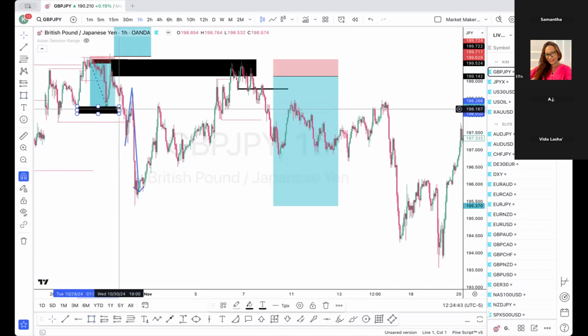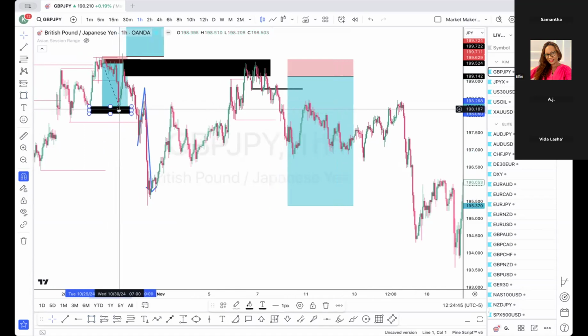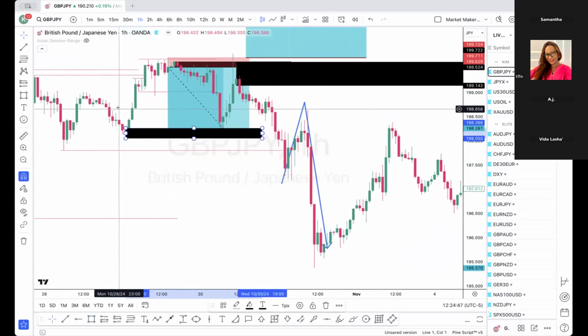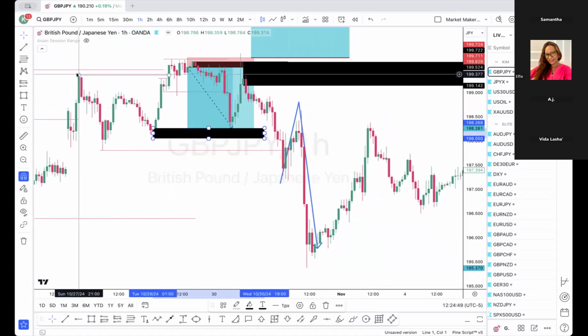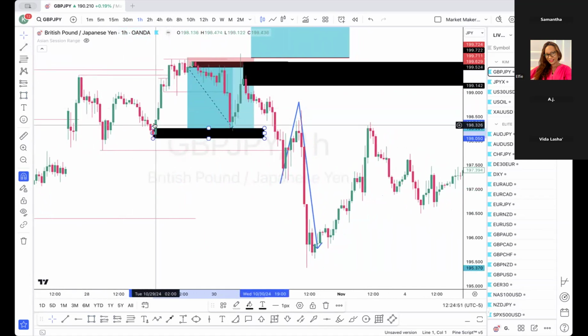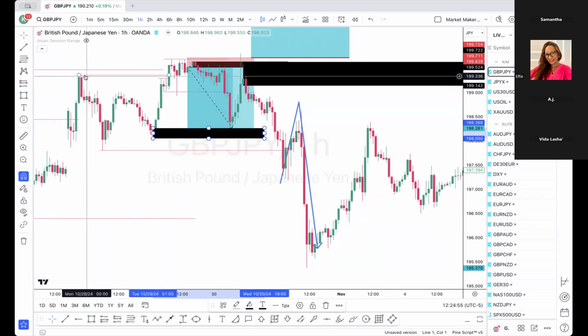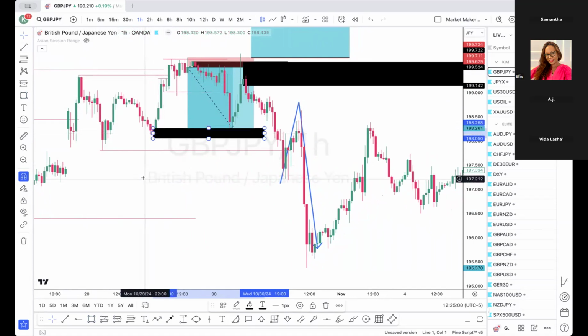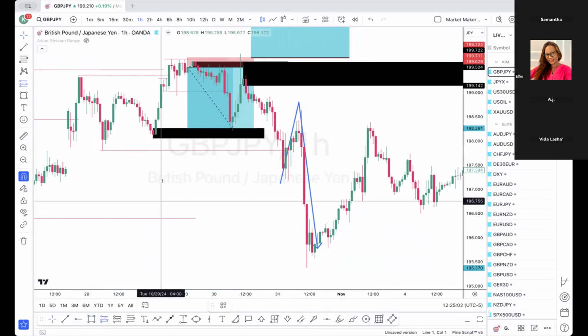Okay, so can you zoom into that? Sure. Would you have bought it from right there? Yeah, absolutely. What structure did you see when it bought? Once it broke structure here, I mark up my demand zone and set my limit. That's just it. I'm not waiting to see nothing.